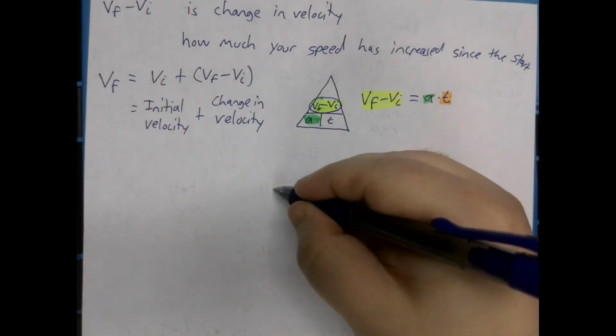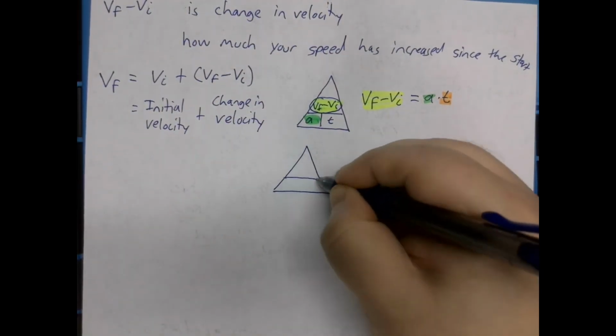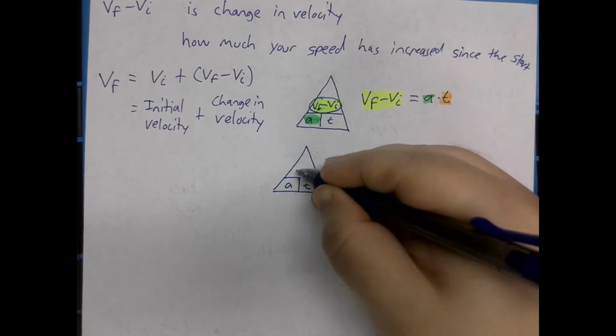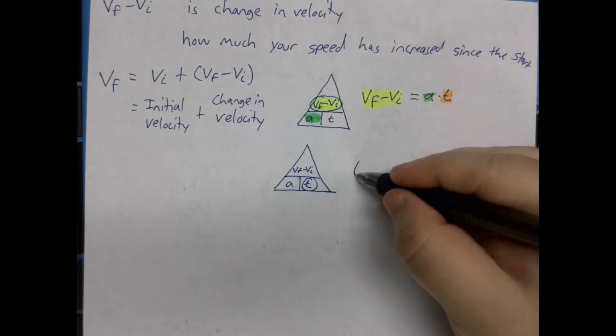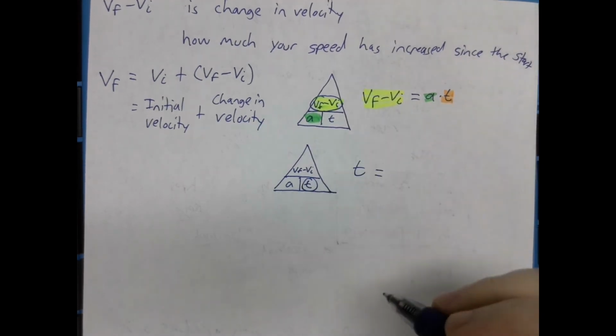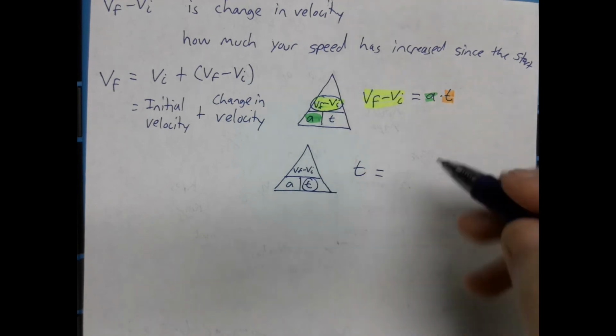So if you instead were solving for T, copy your triangle down and circle T. What is left is the rest of the equation. So it's this over that.